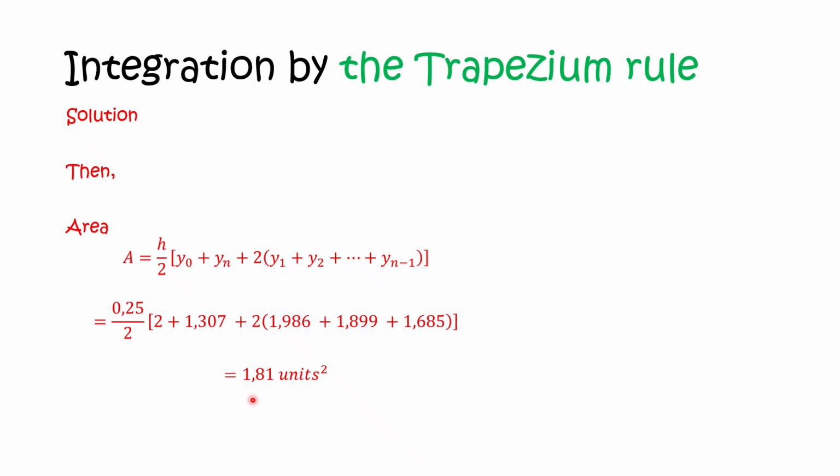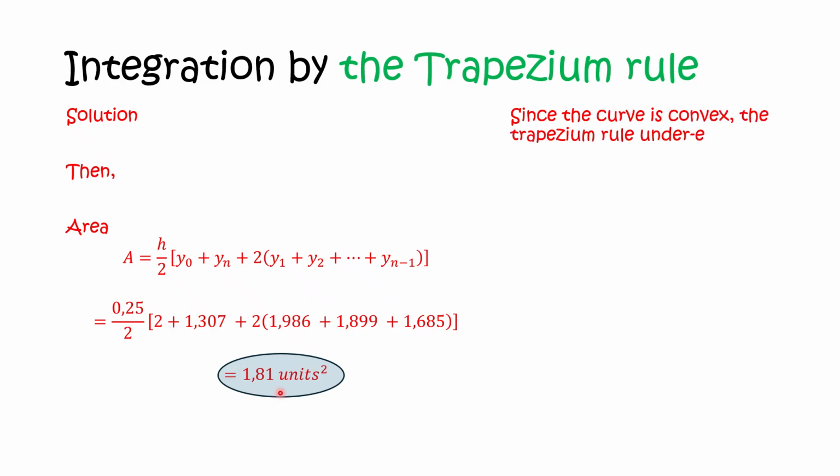The final answer is the one that precisely has to be to 2 decimal places, because the whole idea is to keep our answers as accurate as possible. So the final answer we get is 1.81 square units. And also on the other part of finding if the trapezium rule overestimates or underestimates, we are saying that since the curve is a convex, the trapezium rule underestimates.